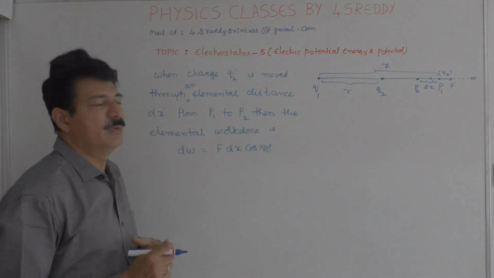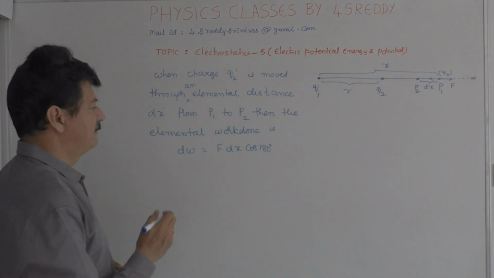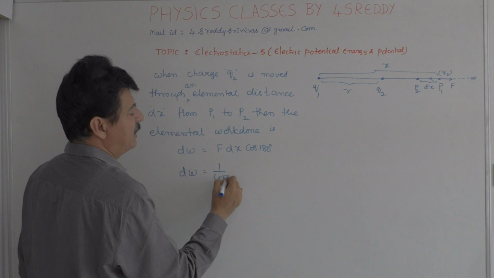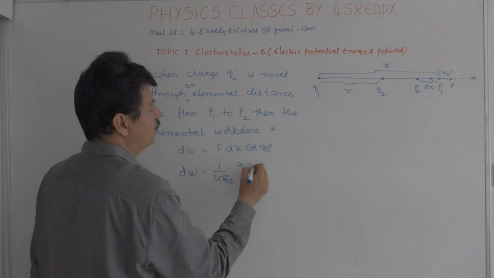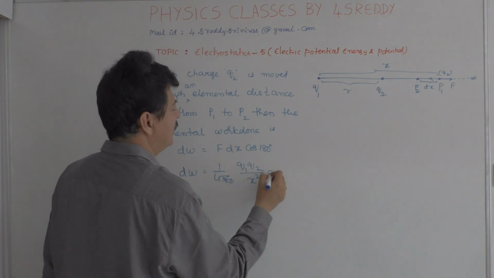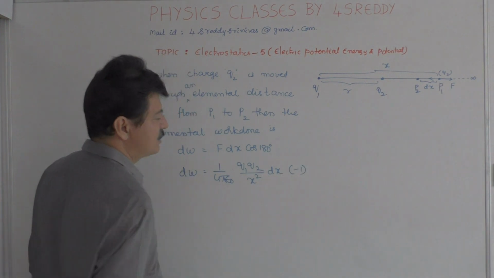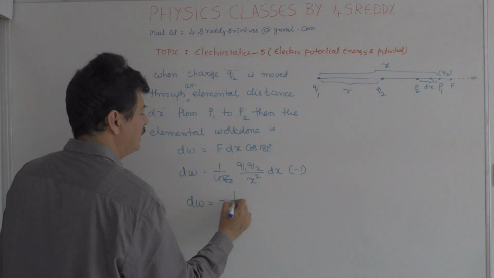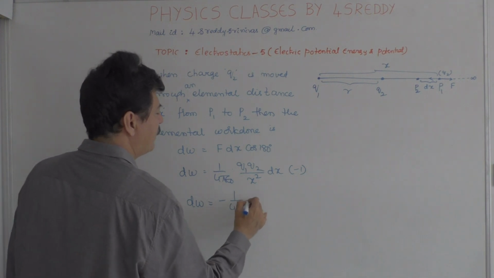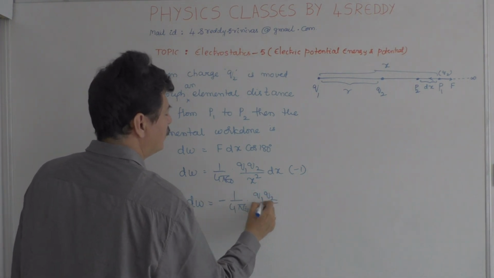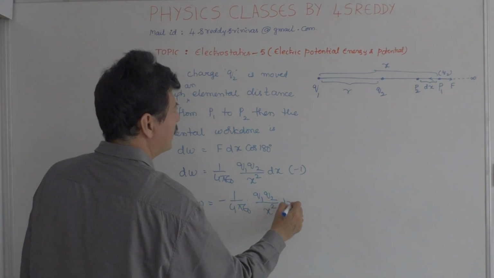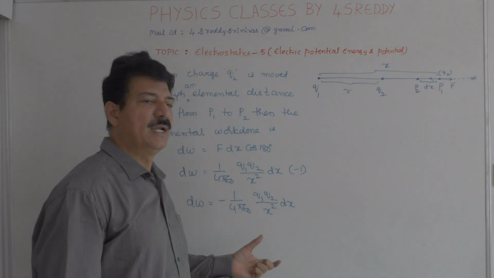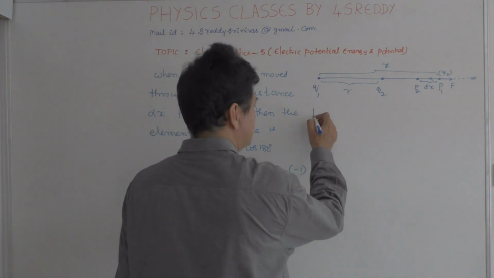So the angle between force and displacement is 180. Therefore dW equals F, which is 1 by 4 pi epsilon naught Q1 Q2 by x square, dx, into cos 180, which is minus 1. Therefore dW is equal to minus 1 by 4 pi epsilon naught Q1 Q2 by x square into dx. This is the work done when it is moved through an elemental distance dx.